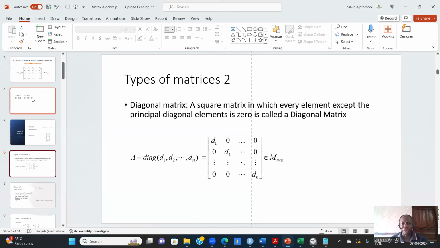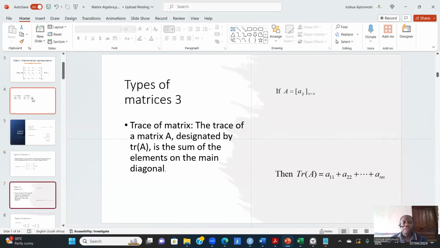Those are the principal diagonal elements. Every other element of the matrix is 0. And this takes us to the trace of a matrix. The trace of a matrix A, designated by tr(A), is the sum of the elements on the main diagonal.